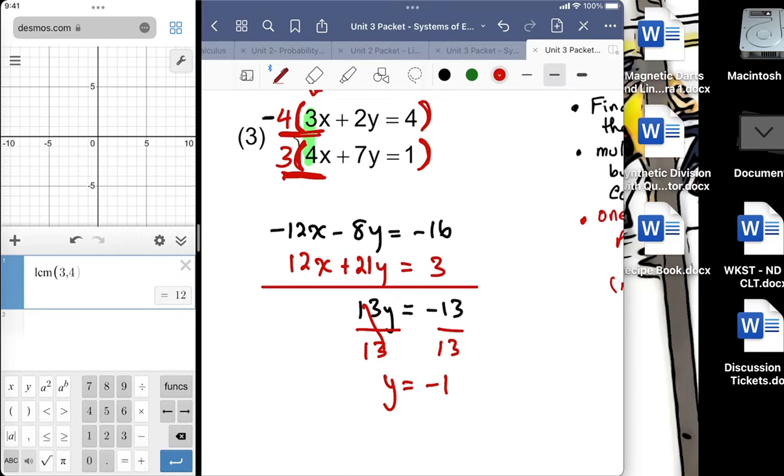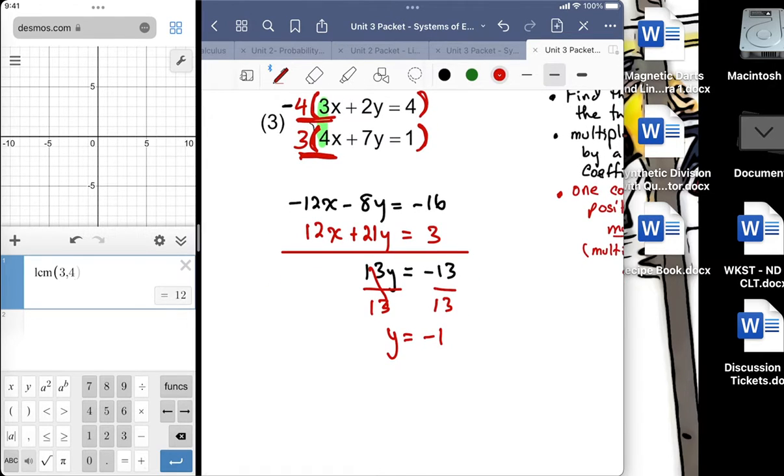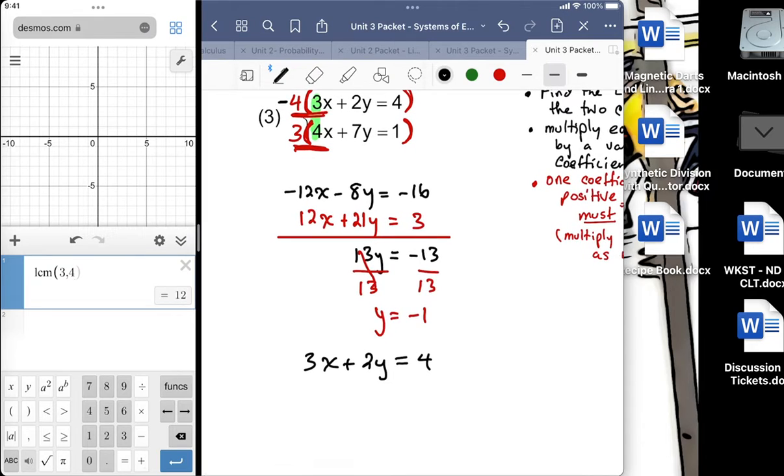I just need the other solution. It's just a matter of picking out one of the two original equations. It doesn't matter which one. I'm going to take the first one. I typically default to the first one and list. That's funny, I just merged like 3 different words there.